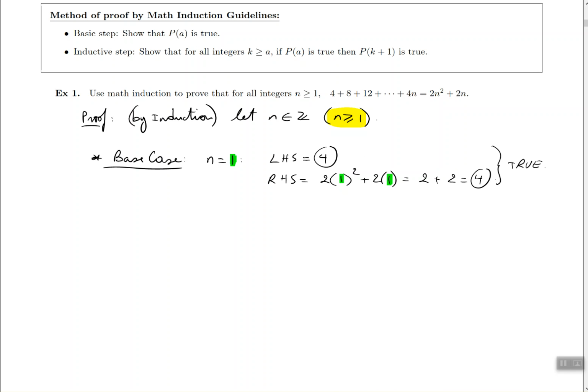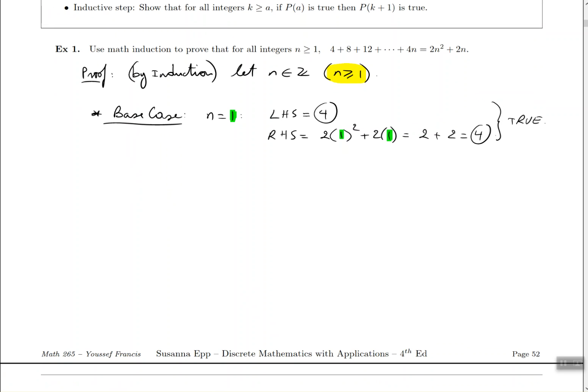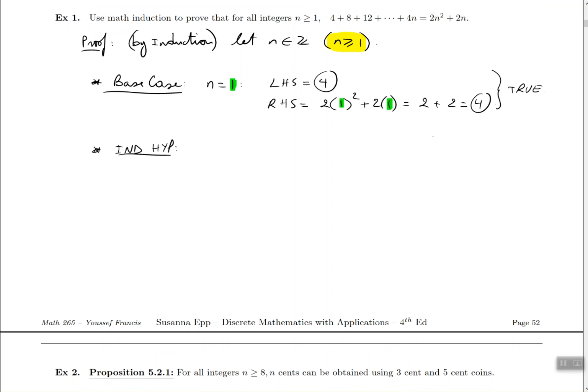So now we can proceed forward to the next step, which is what we call the inductive hypothesis. In the inductive hypothesis, what we're going to do is basically suppose that the theorem that we're trying to prove is true and try to prove it for the next case. So in other terms, here's what we're going to write.